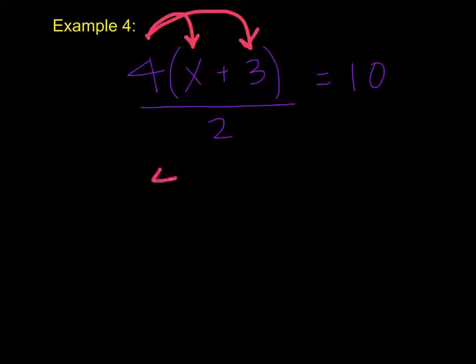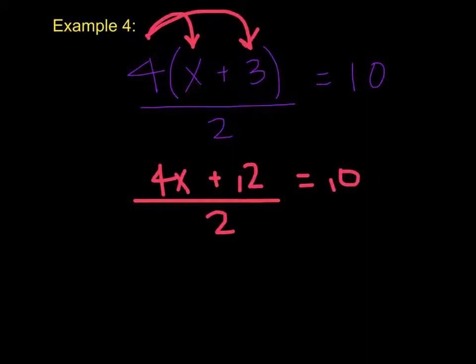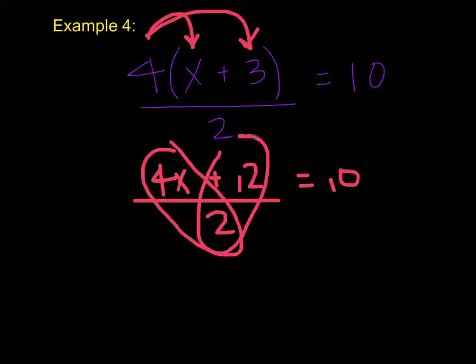That's going to give us 4x plus 12 divided by 2 equals 10. And if I divide every term in the numerator by its denominator, that's going to leave me with 2x plus 6 equals 10.